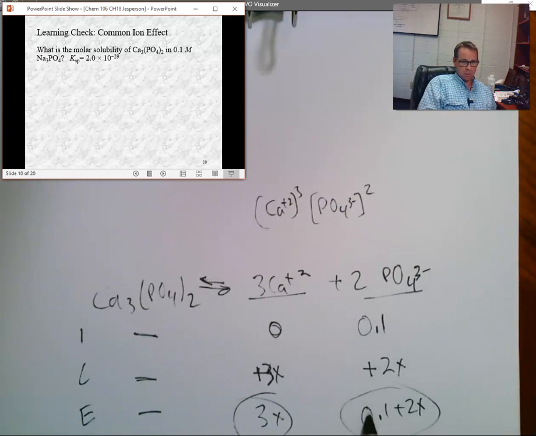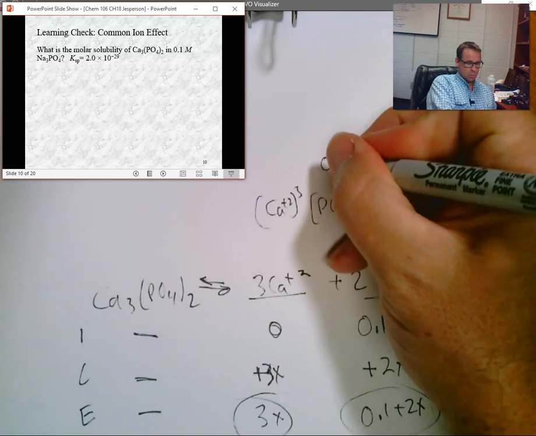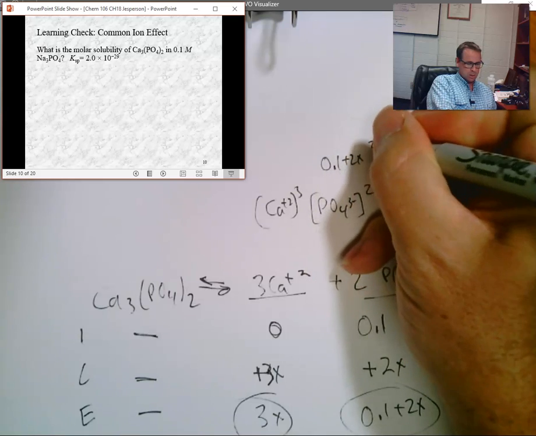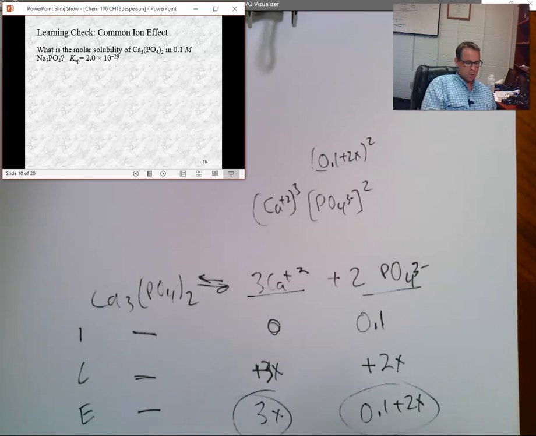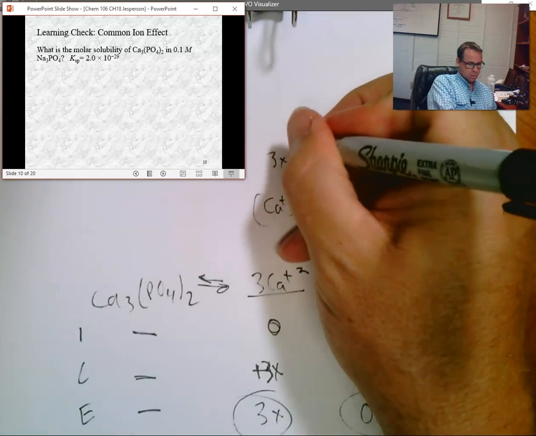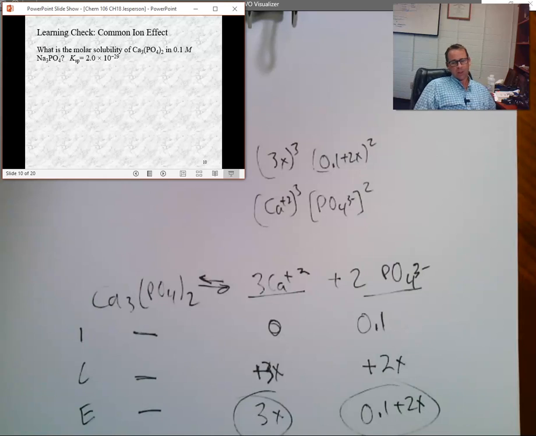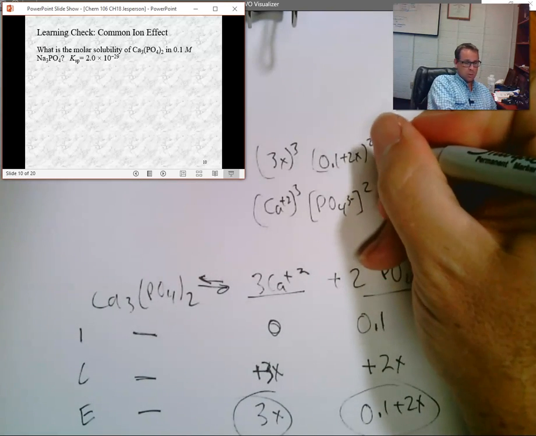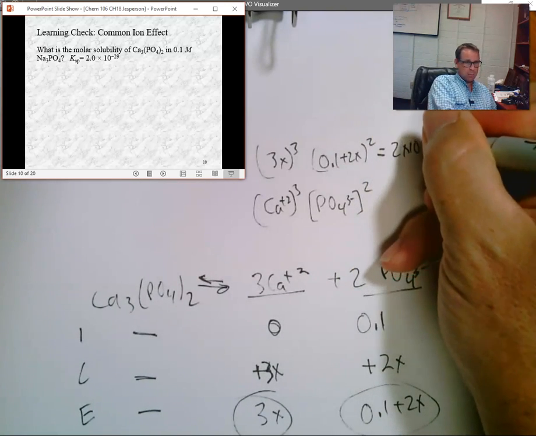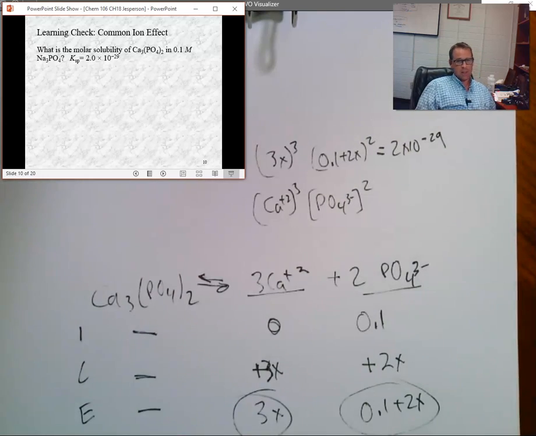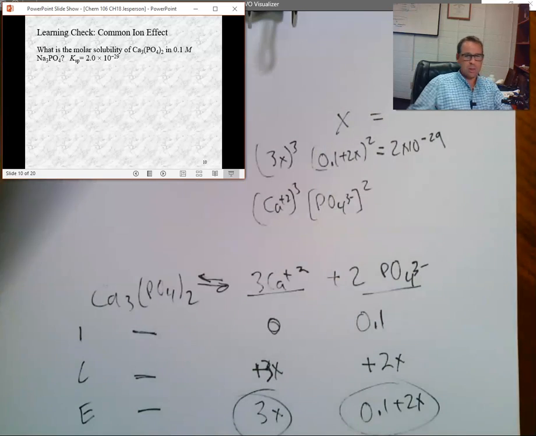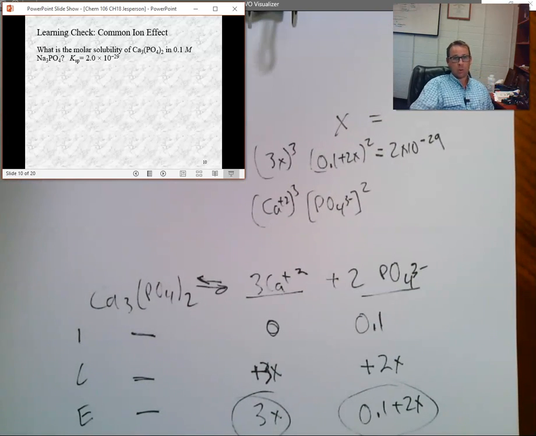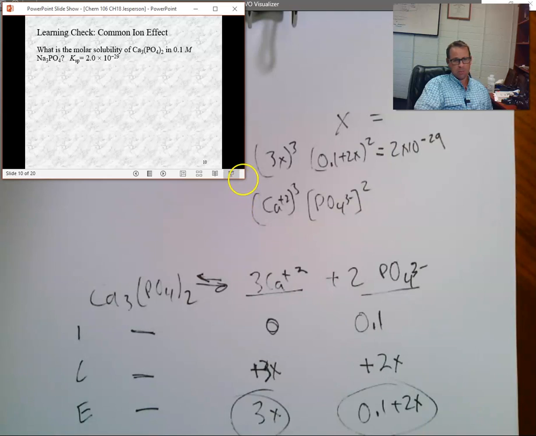So this is my equilibrium concentration for the phosphate ion, 0.1 plus 2x, squared, and this is my calcium ion concentration, 3x cubed. Okay, and that is going to equal 2 times 10 to the minus 29. So if I can solve for x, it will tell me the equilibrium molar solubility.